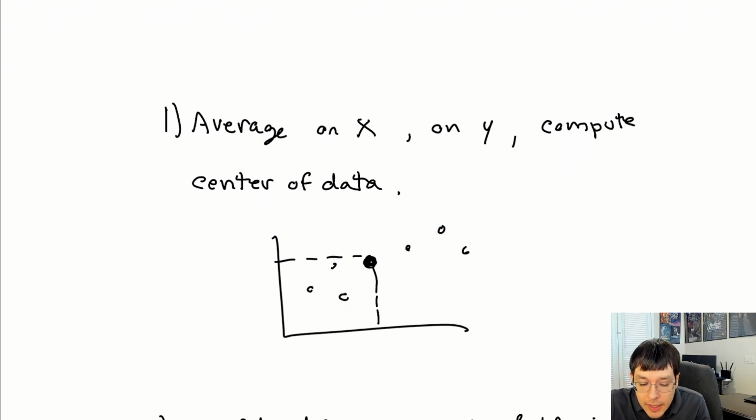Okay? The first thing I want to do with this, and I'm going to do a bunch of little math steps basically, is find out where the center of the data is, including Euclidean distance wise. So I measure all my points, get the average, and get the center of the data I'm looking at, okay? Now, what would be the center if you were looking at a higher dimensional space?